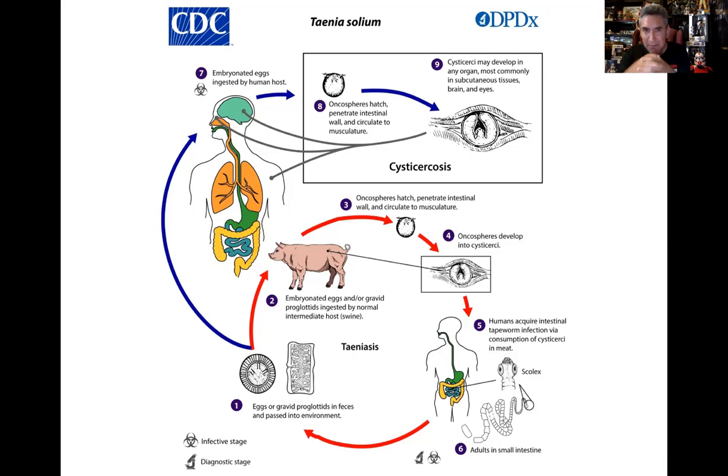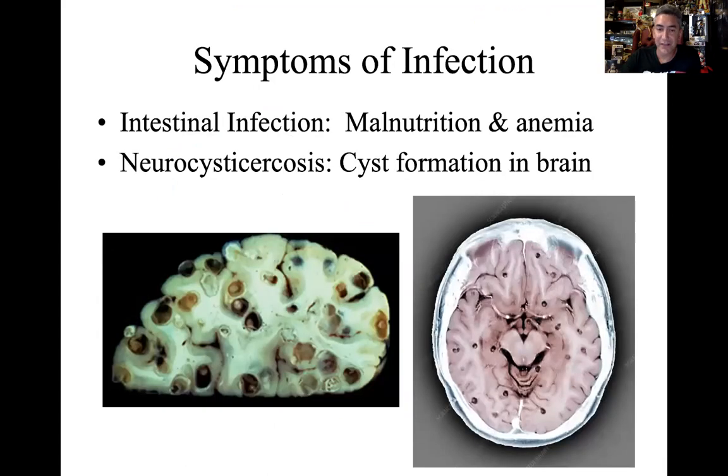They encyst themselves, and they're waiting to be consumed by something else to end up in the stomach, in the intestines of another predator, right? So they cause big time complications. We call this cysticercosis. If it's in the brain, neurocysticercosis. And basically, these are cysts within the brain tissue that can have very, very profound effects.